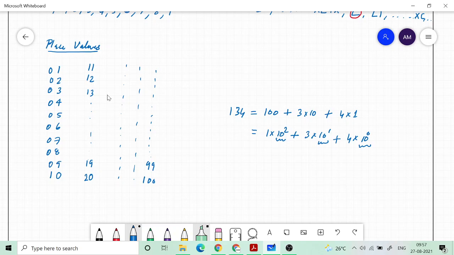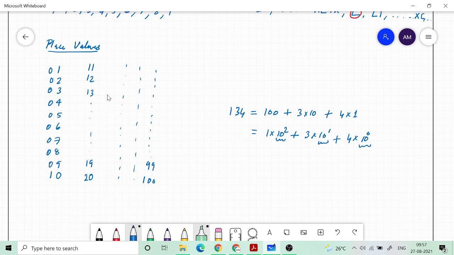Okay, 0 to 9, these are the symbols. After that, you have to go to the next position. So that is how the 10 comes into the picture here. And as you go to the leftmost positions, your place value increases by an order of 10 when you go from one position to the next.